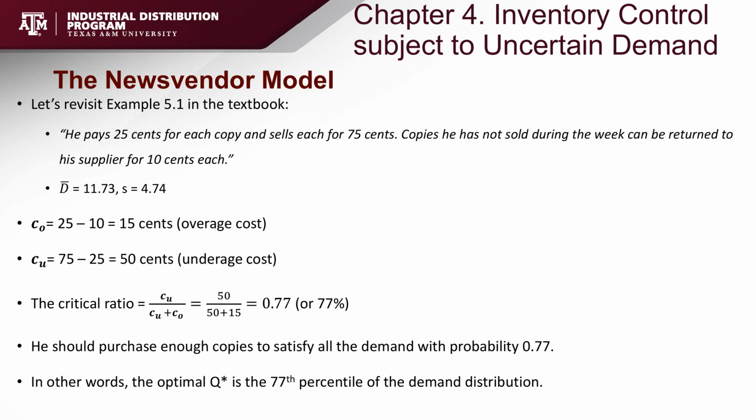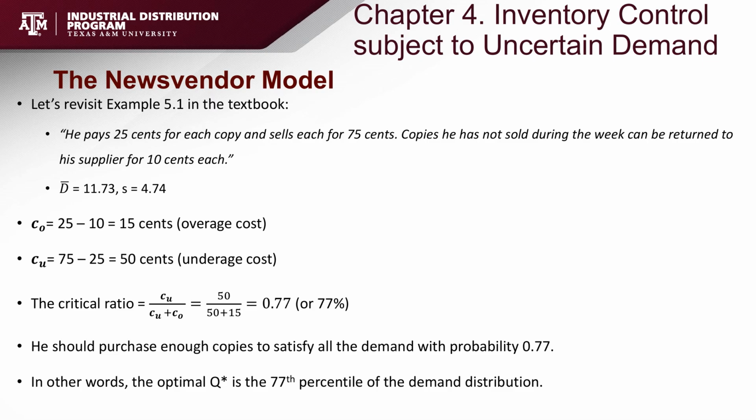All right, numbers time. For Mac, the overage cost, that's buying the journal but not being able to sell it. In other words, we've got oversupply. C sub O is 25 minus 10, which is 15 cents. The underage cost, basically not having enough journals, C sub U is 75 minus 25, 50 cents.